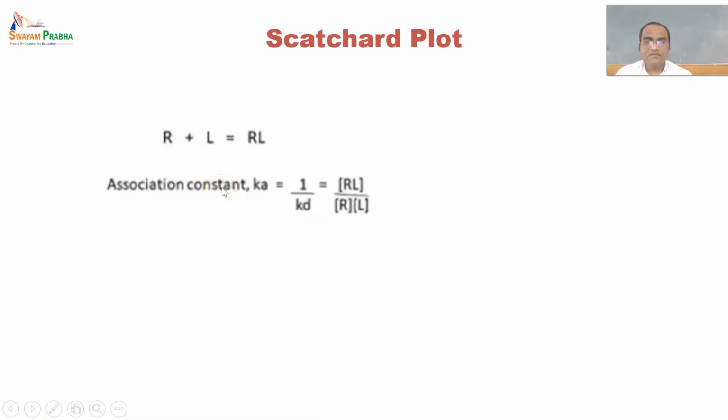Now this concept is the association constant. When we come to a chemical reaction, there is always a dissociation constant, or dissociation of a molecule. But here it is an association constant: receptor plus ligand, and now it has associated. The association constant is denoted by the concentration of RL divided by the concentration of R times the concentration of L. It is the reverse of, or inversely proportional to, the dissociation constant.